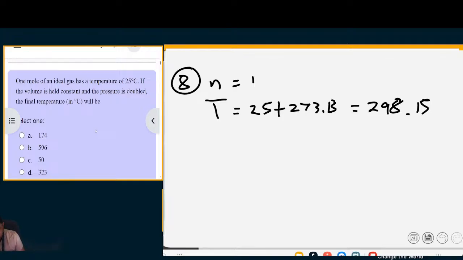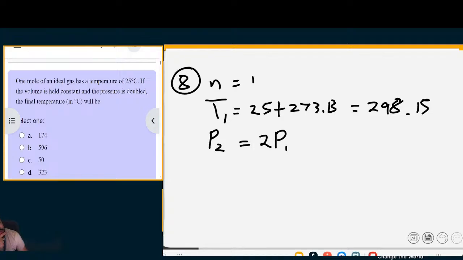So we have the temperature T1. Let's call this T1. That's the temperature. Now the question is if the volume is held constant. So Gay-Lussac's law again, constant volume, and the pressure is doubled. So we can randomly assign values, but we can just say P2 is equal to 2 times P1. That is what we've been told.